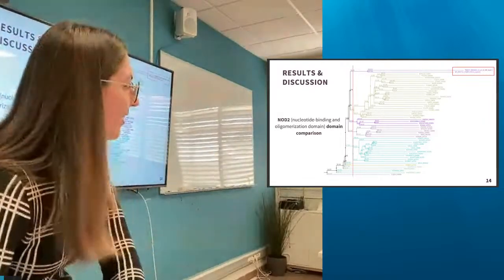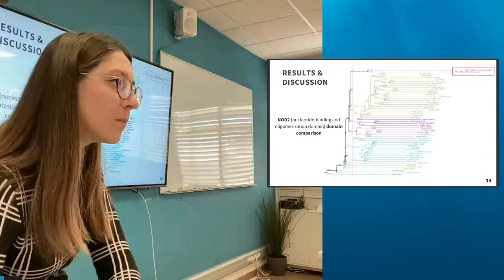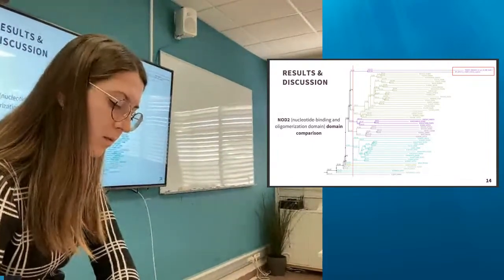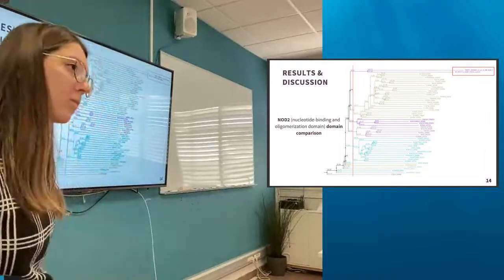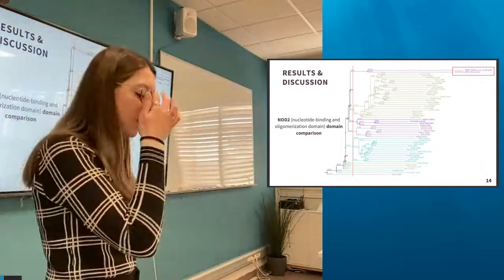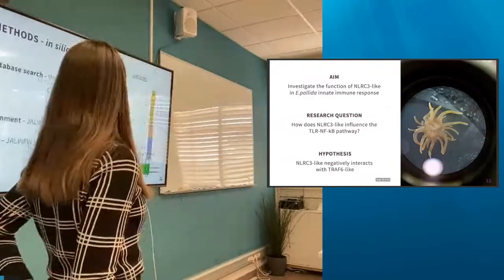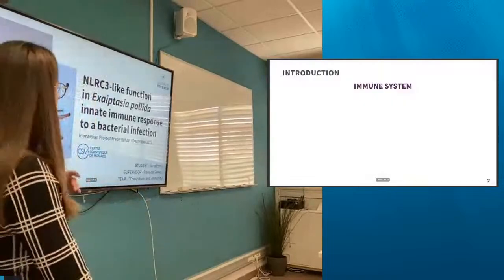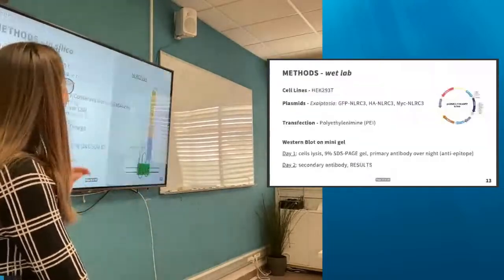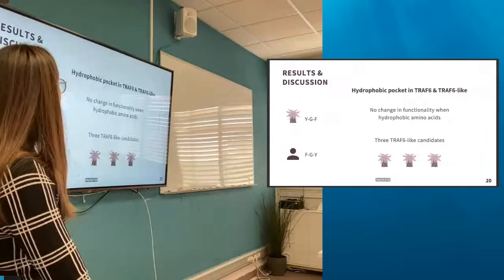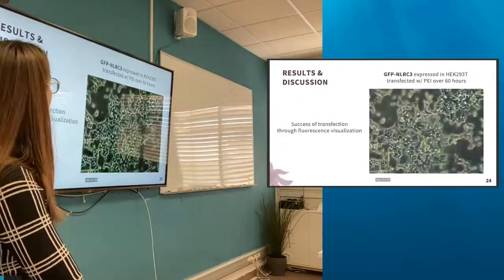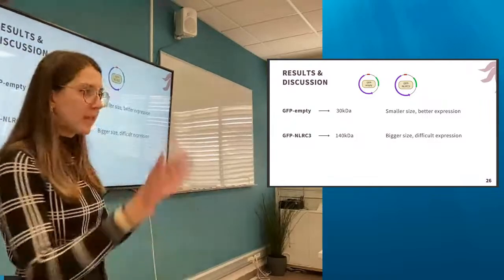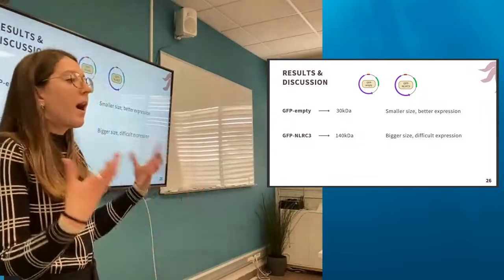I didn't 100% get what you meant when you talked about the kilodalton difference and the transfection efficiency. So I can go back probably to the slide. It's a hypothesis that we made because we were continuously seeing that when we transfected the cells with GFP, just the tag, we had a very high expression.